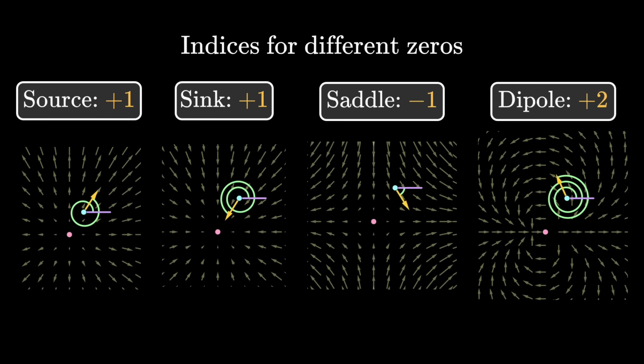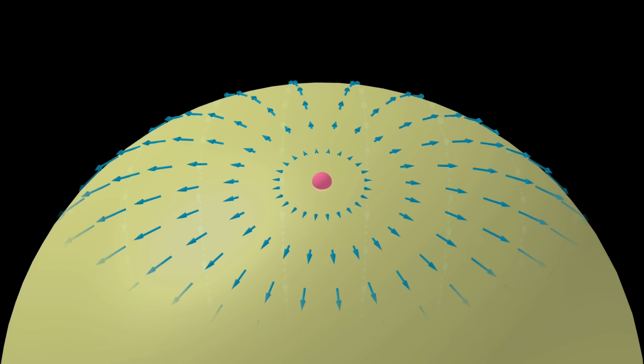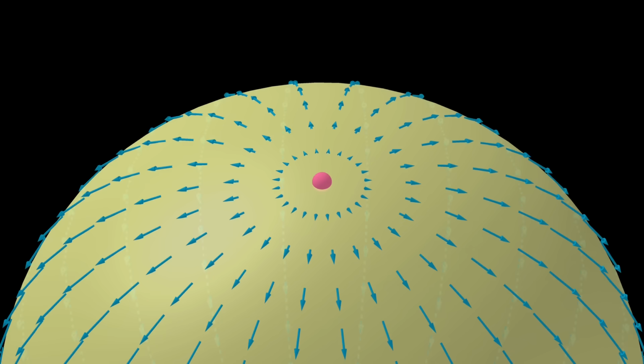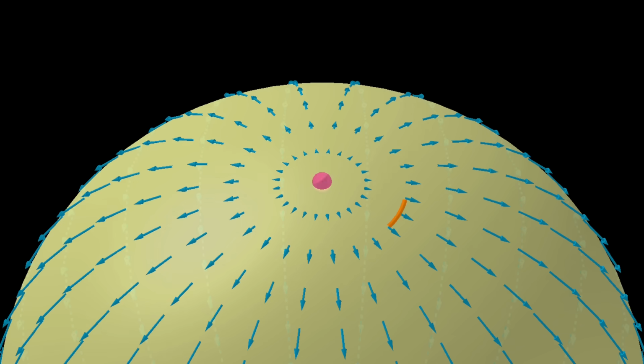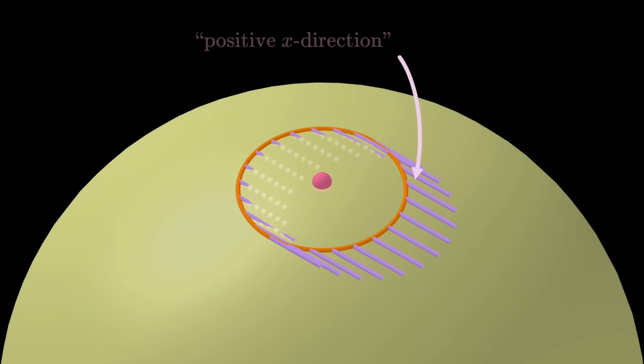Now we extend this discussion to vector fields on surfaces. For example, this vector field has a zero which looks like a source, and we expect the source to have index plus 1. The intuition is correct, but when we try to properly define an index on a surface, unlike on a flat plane, there isn't the equivalent of positive x direction that is also tangent to the surface.